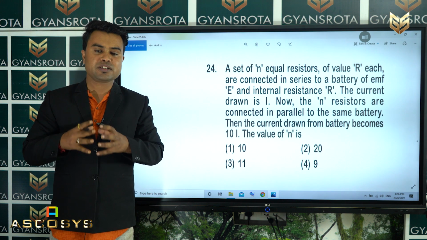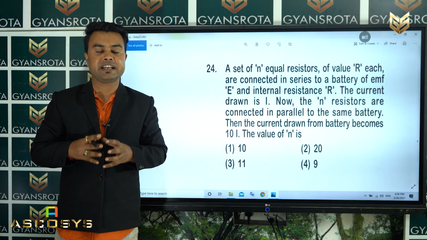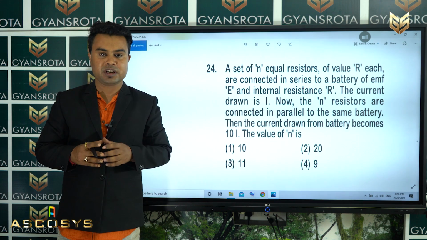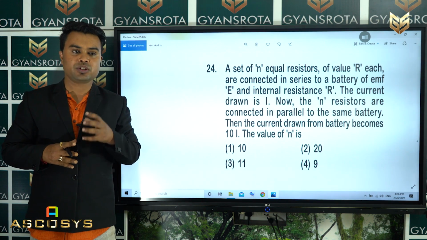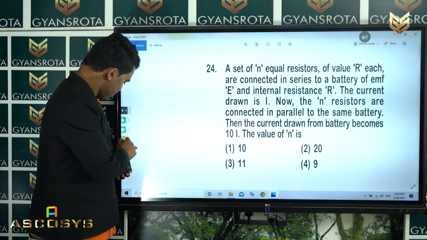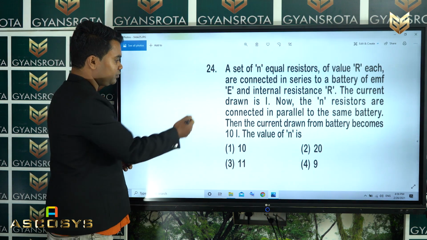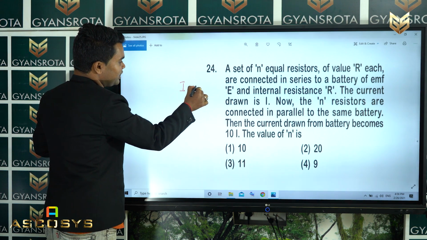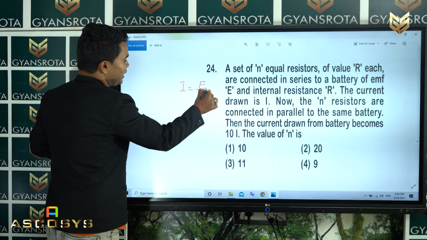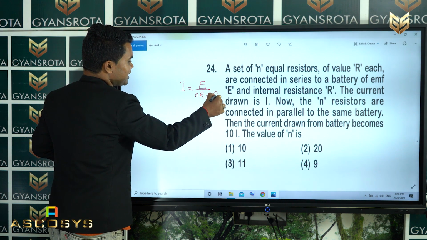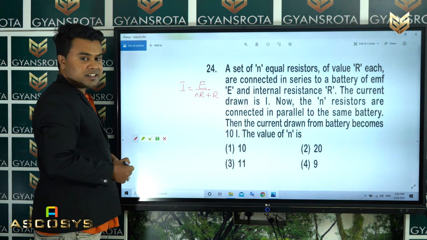See, this is a question from the chapter current electricity, where if you know one formula you can solve the whole question. I will give you the formula and the answer, you need to apply that formula and do it. Okay. The formula is current I is equal to E divided by nR plus, as internal resistance they are saying capital R, right.